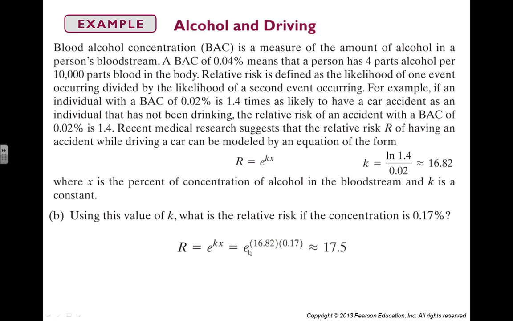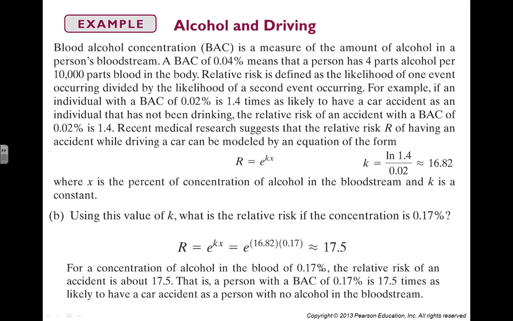Also, again, take a pause on this video, make sure you can plug this into your calculator and get out 17.5. For a concentration of blood alcohol of 0.17%, the relative risk of the accident is about 17.5. That is, a person with a blood alcohol of 0.17% is 17.5 times as likely to have a car accident as a person with no alcohol in the bloodstream.